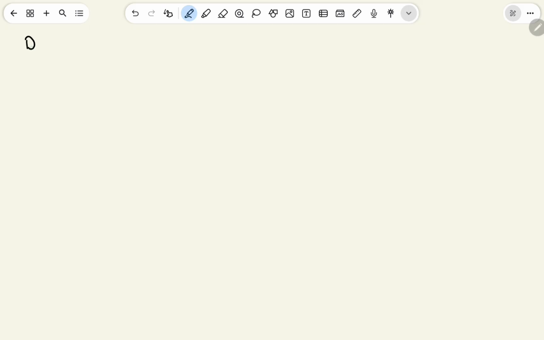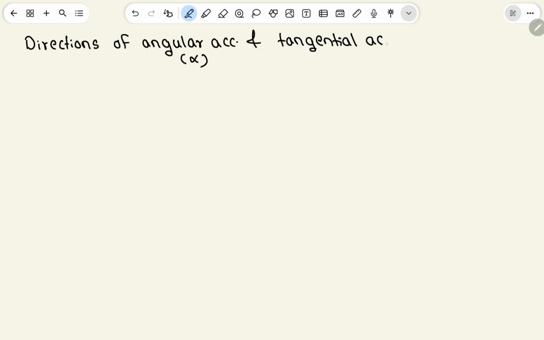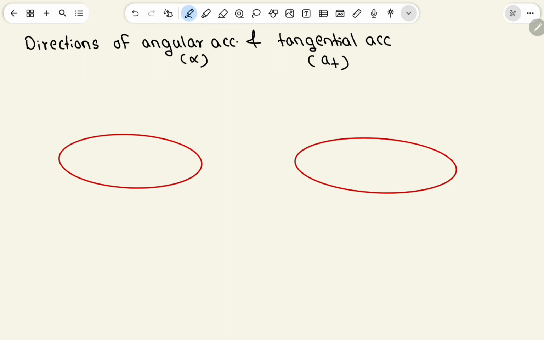So the next topic that we are going to see is directions of angular acceleration, that is alpha, and tangential acceleration, that is at. Okay, so I have considered two circular paths over here to decide the directions of alpha, angular acceleration, and at, tangential acceleration. So let us see how to find out the directions.